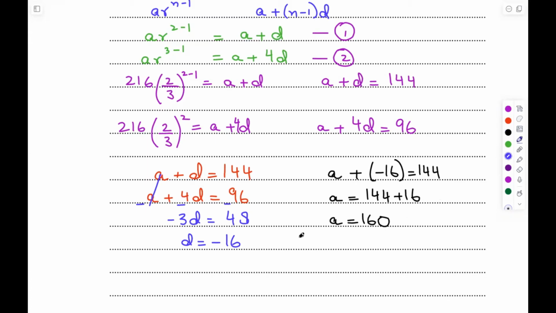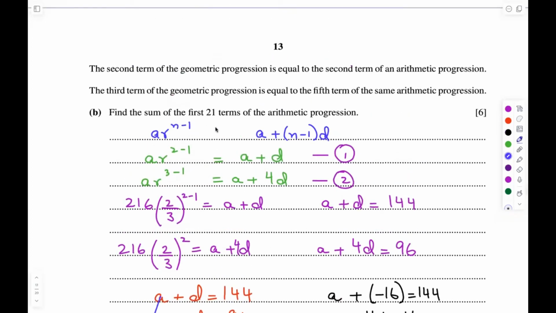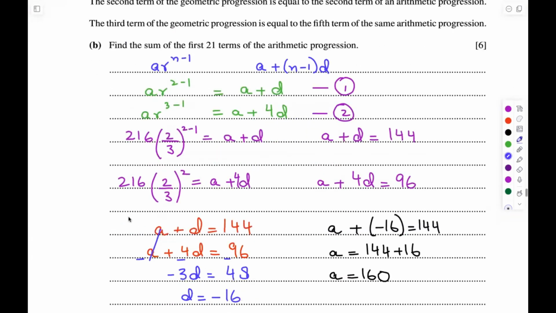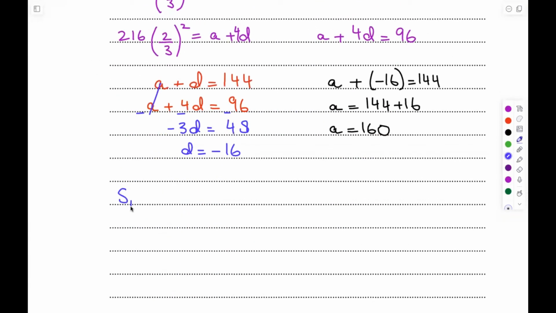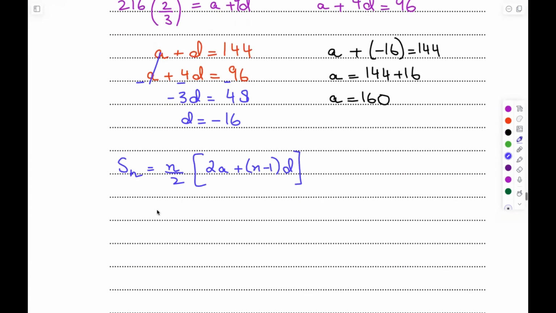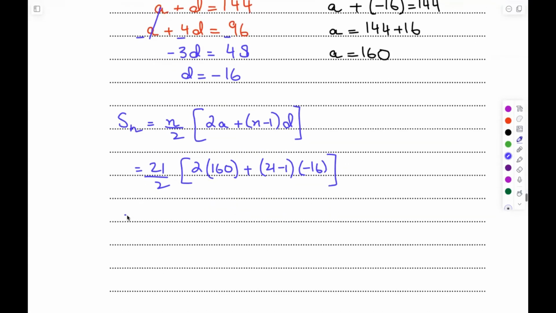Once we have the values of a and d, we can now find the sum of the first 21 terms of the arithmetic progression. The sum of n terms of an arithmetic progression is given by n upon 2 into 2a plus n minus 1 into d. N is 21, so this will be 21 upon 2 into 2 times a, as a is 160, so that will be 2 into 160 plus 21 minus 1 times minus 16.